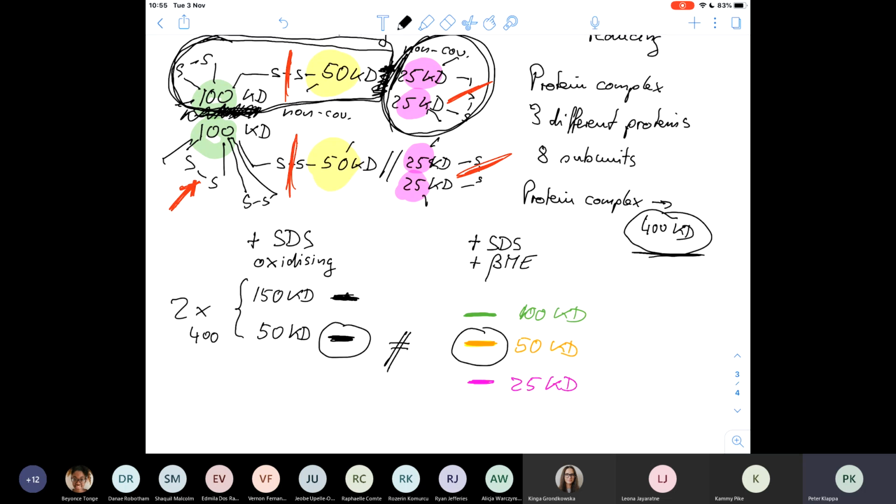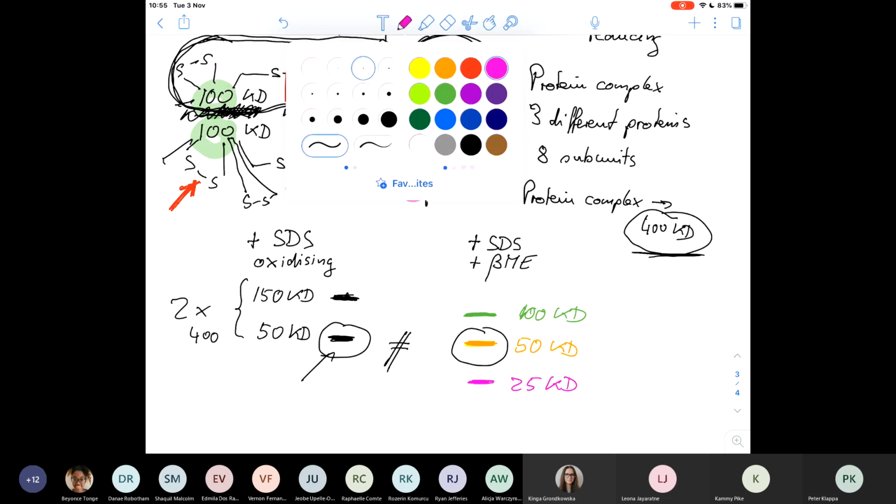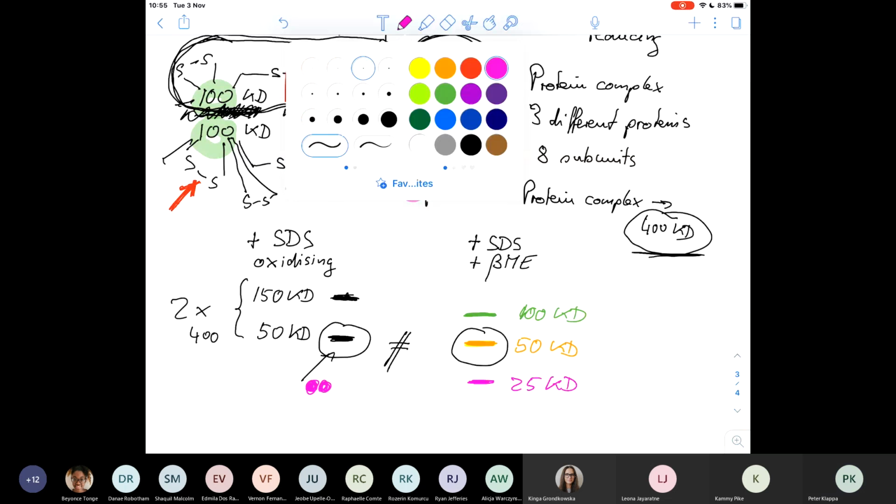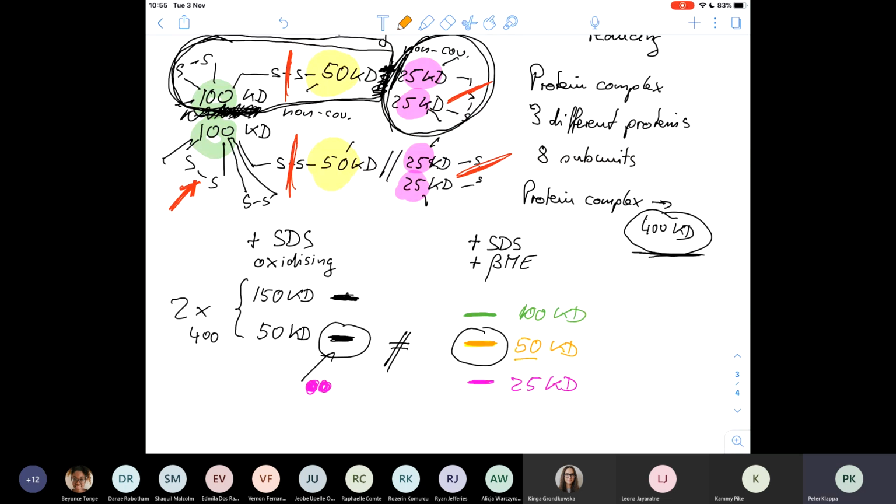They are not the same bands, because here the 50 kilodalton band was the combination of these two pink ones, whereas in this case, this 50 kilodalton band is actually derived from this one here.